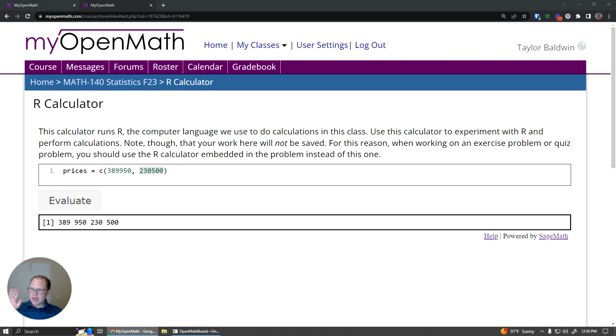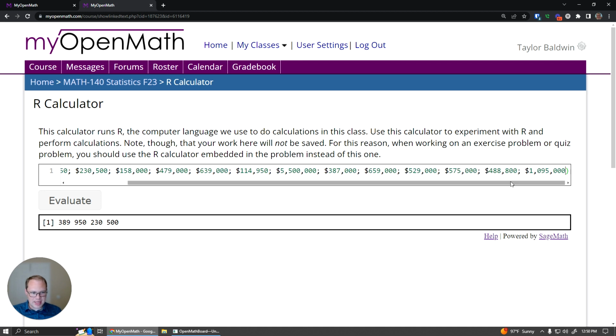Now that we understand how to enter the data correctly, I'm going to copy that list again, and we are going to change it so that the computer likes it. That means we're going to get rid of all those dollar signs. And now I'm going to get rid of the commas marking the thousands place or the millions place.